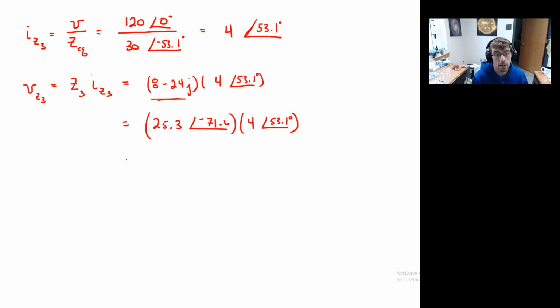We can multiply the magnitudes, so you get something like 101.2, and you add the angles. So negative 71.6 plus the 53.1, so we get negative 18.5. Guess we could have done that one in our head. So there's the potential drop across the third impedance.